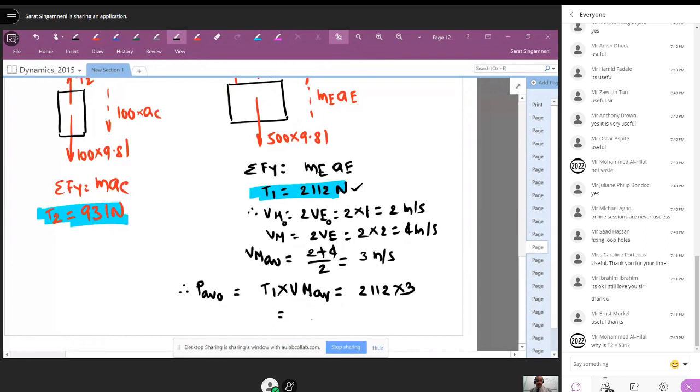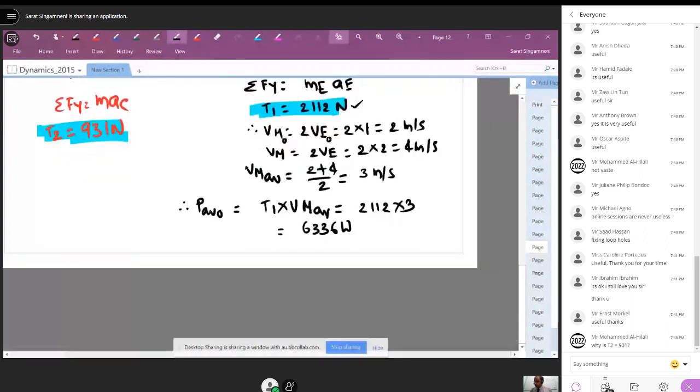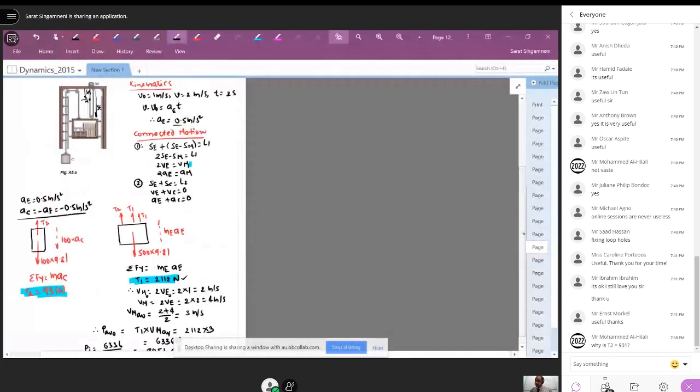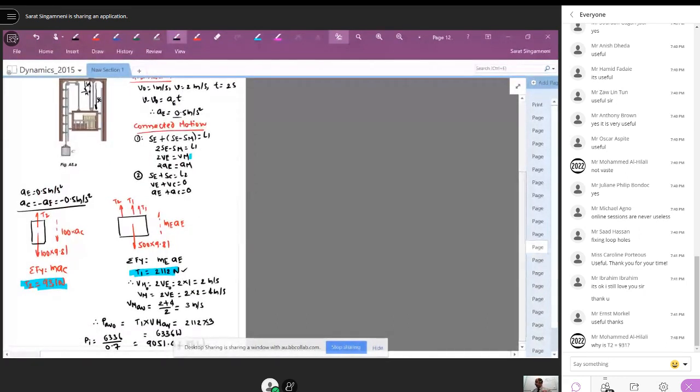So the average power output is 6336 watt. So the average power input is 6336 divided by efficiency 0.7, which is equal to 9051.4286 watt. So make sure you solve this problem and get all the answers correct.